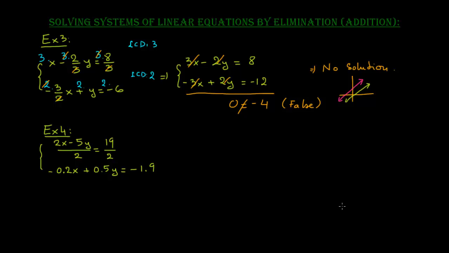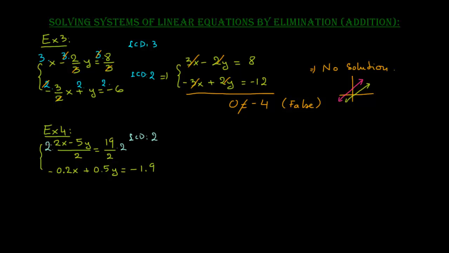In example number 4, we have 2x minus 5y over 2 equal to 19 over 2. And the second equation is negative 0.2x plus 0.5y equal to negative 1.9. So the first equation has a fraction, and we just learned how to deal with fractions. The LCD of this fraction is 2, so we multiply both sides by 2.